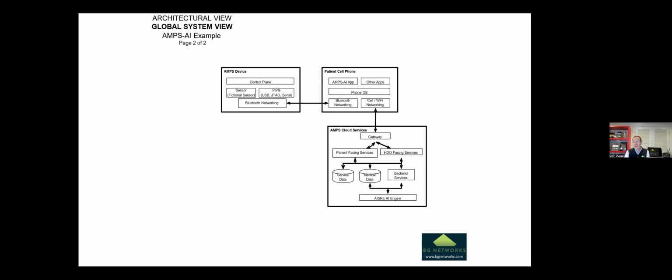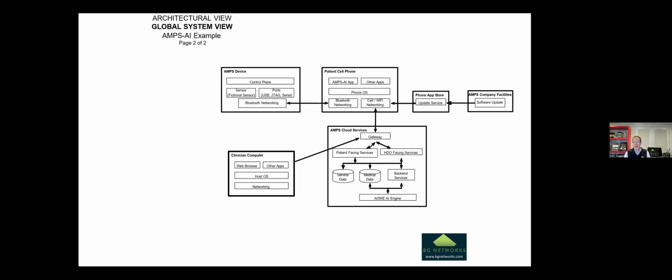It connects to the cloud over a wide area network, so cell phone or Wi-Fi. So there's an interface to the cloud where the data is uploaded for processing. And then the clinician has another path into the cloud where they can go and actually see the results from the processing of the data that was uploaded from the patient.